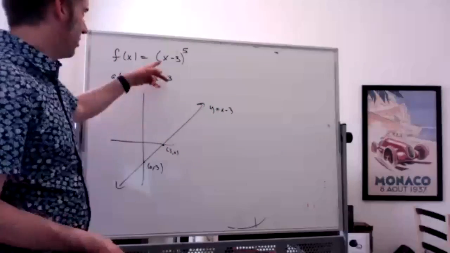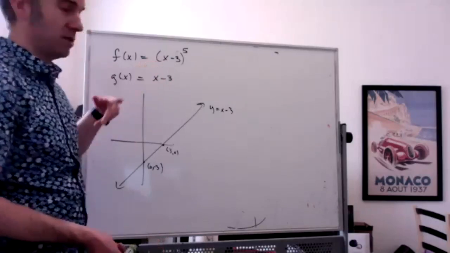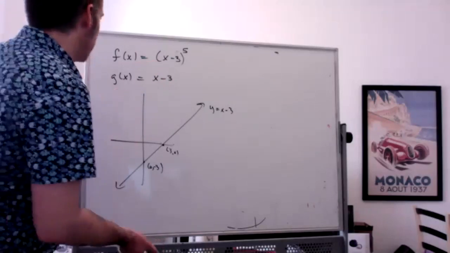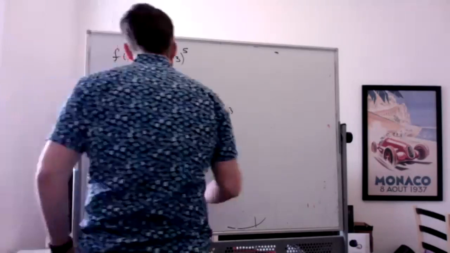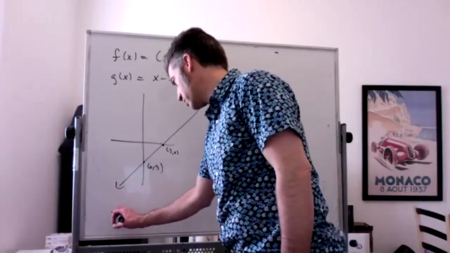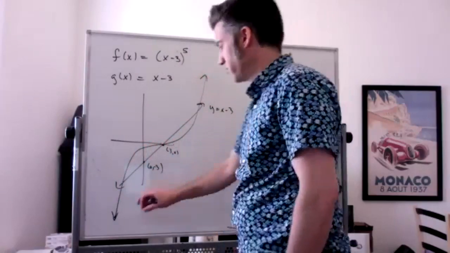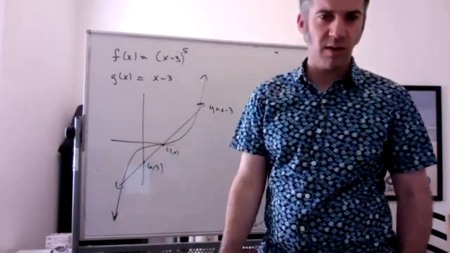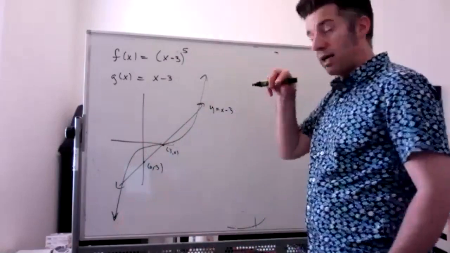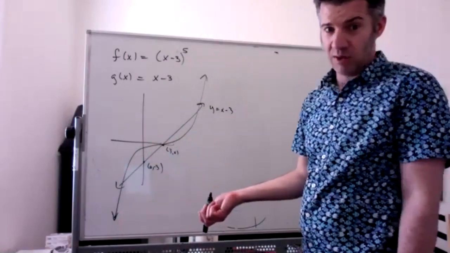I know that this graph will not have the same x-intercept or y-intercept. X minus 3 to the 5th is going to do something crazy. It's probably going to do something bonkers like this. Oh, that's why I have to do two intervals. Again, we can use Desmos to graph things if we don't know. Or we could just set them equal to each other to find the points of intersection.